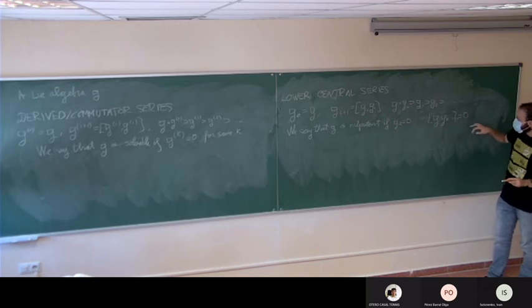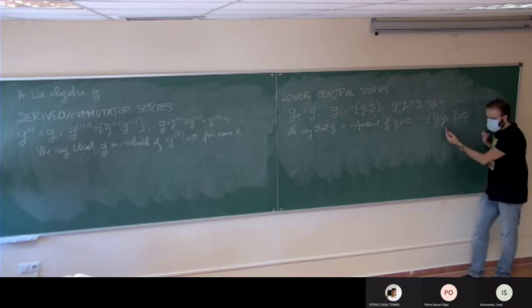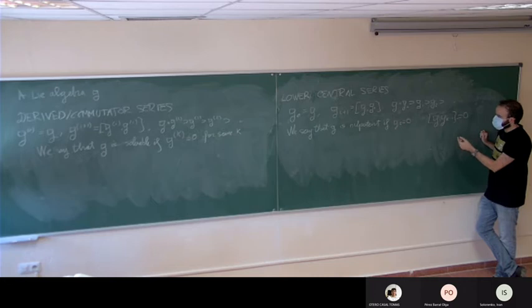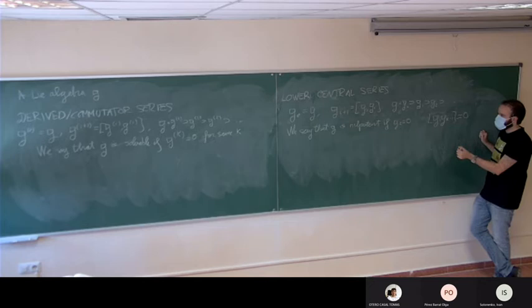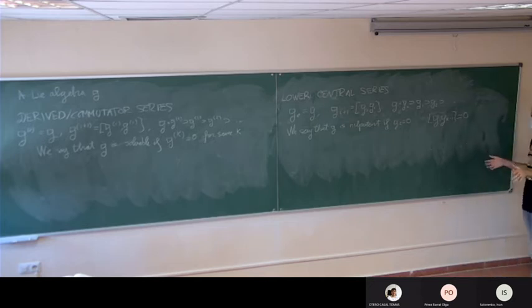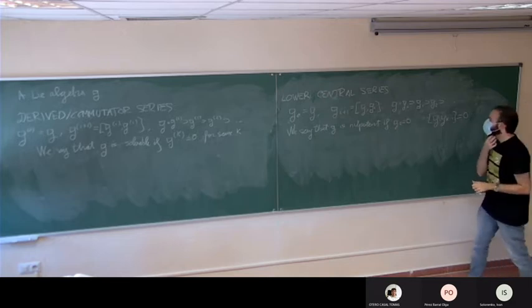So there is a non-trivial subspace which commutes with all of G. This is the same as saying that the center, the space of all elements which commute with G, is non-zero. So solvable algebras have non-zero abelian ideals, and nilpotent algebras have non-zero center.